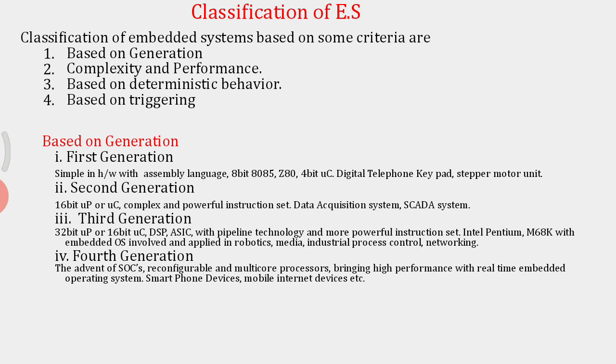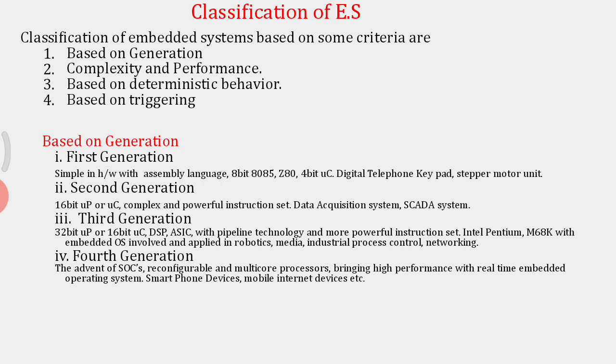In the second generation, there are embedded systems built around 16-bit microprocessors and 8-bit or 16-bit microcontrollers, that were following the first generation embedded systems.